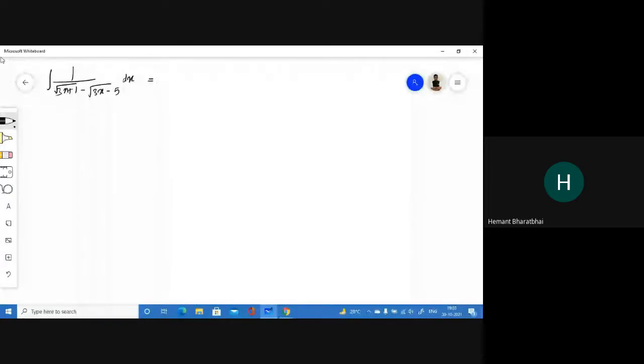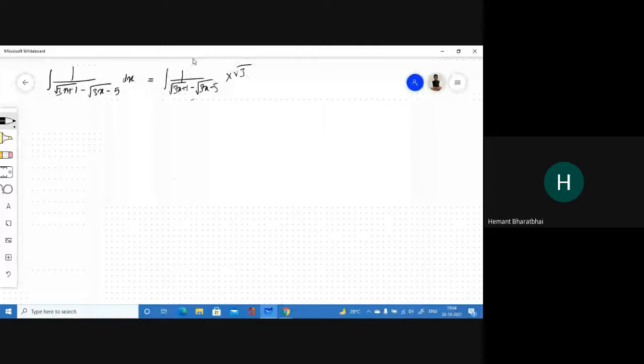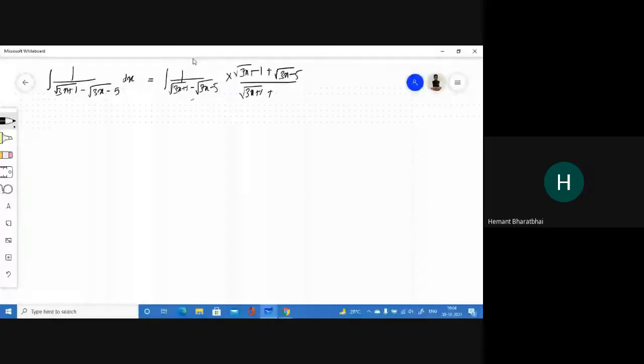So just using a similar principle, I can write 1 upon root of 3x plus 1 minus root of 3x minus 5. I'll multiply and divide by root of 3x plus 1 plus root of 3x minus 5 upon root of 3x plus 1 plus root of 3x minus 5.